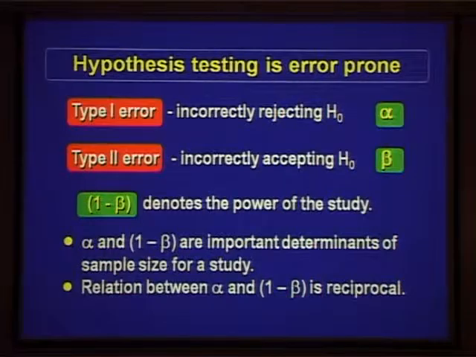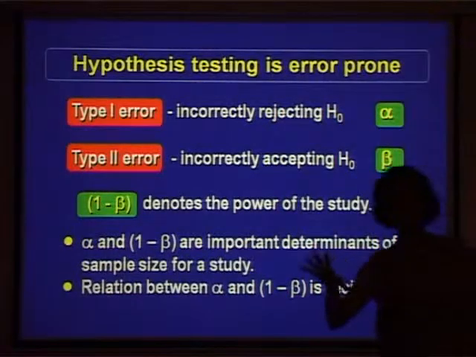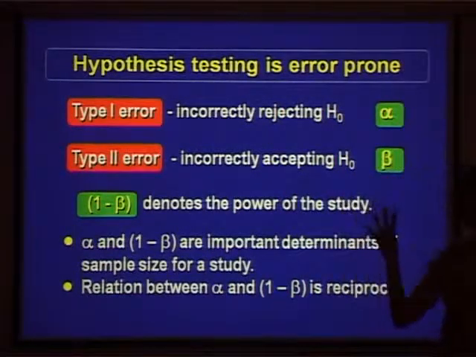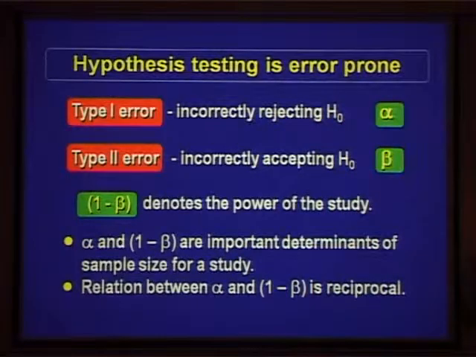Let's say you have A and B that you're comparing. There are 4 possibilities. The first possibility is that you find a difference between A and B, and actually there is a difference. So, very good. Second, you don't find a difference between A and B, and there is no difference.